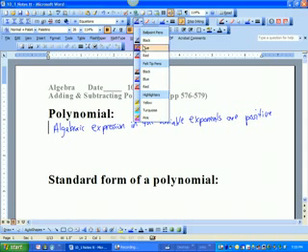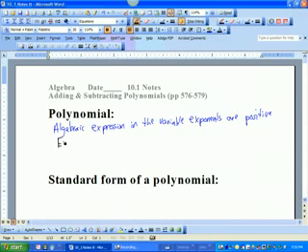Because if we take a look at an example here of a couple polynomials, a number is a polynomial.